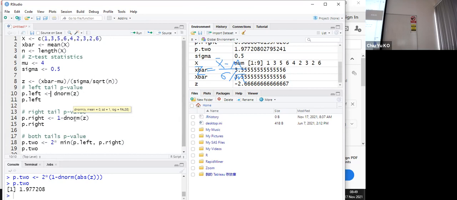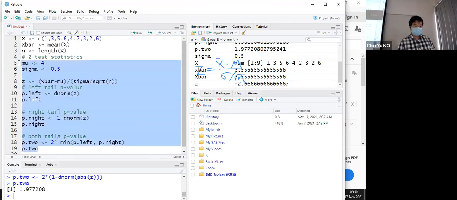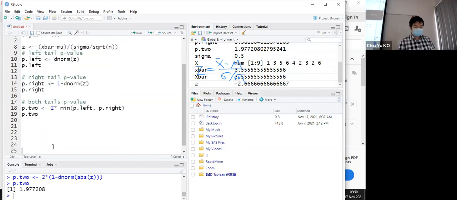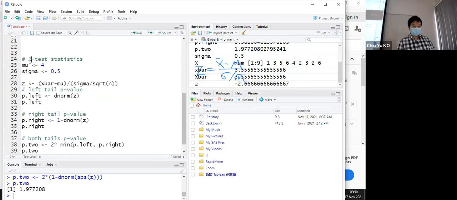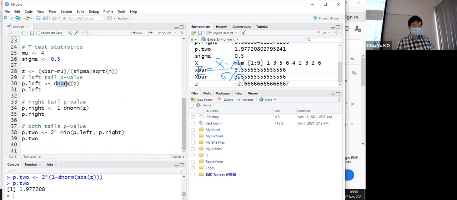So basically, instead of doing this, you have this. You have the t statistics, and of course this will be dt of something. Then you have to calculate what the t distribution is.